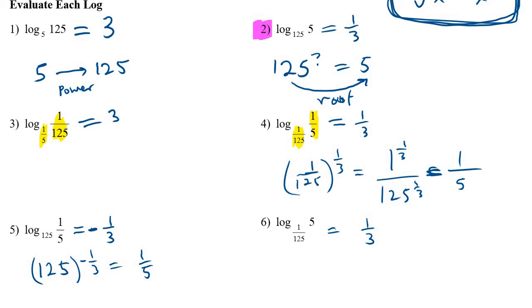If I do 1 over 125 to the power of 1/3, well, that will be 1 over 5, right? But the answer I'm looking for is 5. So I need to do something to 1 over 5 to get it to 5. So if I raise that to -1, that will be 5 because I flipped the number. So I need to put a negative with my answer.